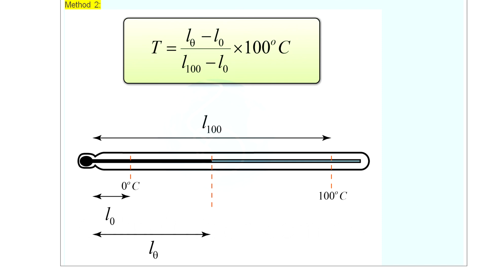We will apply it in other cases where we can find voltage for steam point, voltage for ice point, and voltage for unknown temperature. Then we can use this formula in terms of V theta, the voltage for unknown temperature, minus voltage for ice point, over voltage for steam point minus voltage for ice point, multiplied by the given range. Then you will be able to solve and find the temperature by the second method.